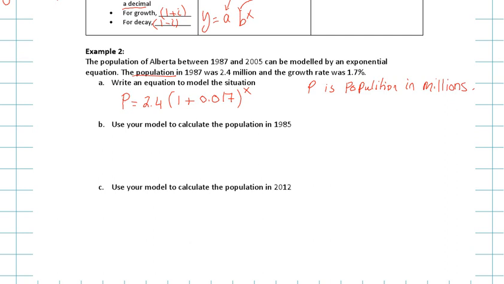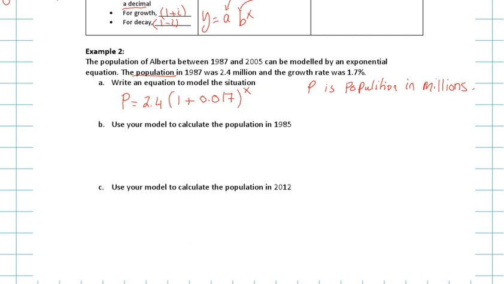Hours, days, years. Years. So would I be plugging in year one, the year number one after, or what would year one represent? I think you're going to subtract 1987 from 2005. That's how many years.